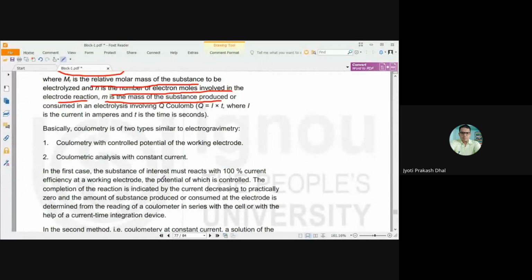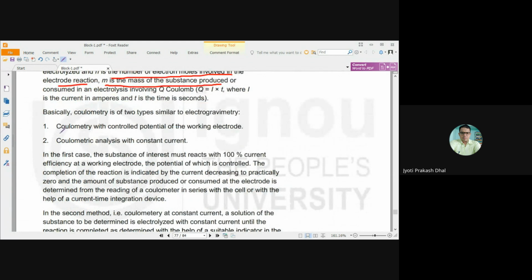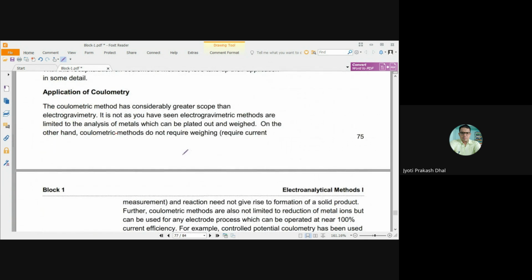Basically, the two types of coulometry are similar to electrogravimetry. The similarity is that coulometry with controlled potential of the working electrode and coulometric analysis with constant current are both similar to electrogravimetric methods.